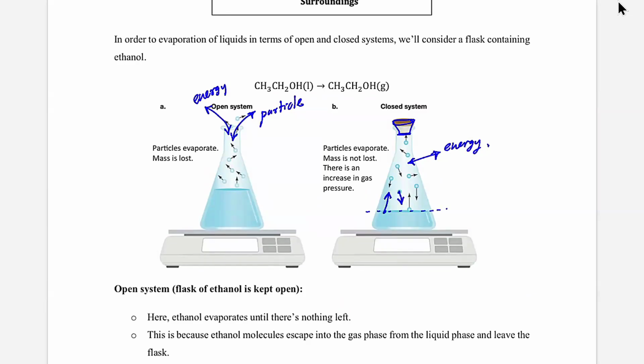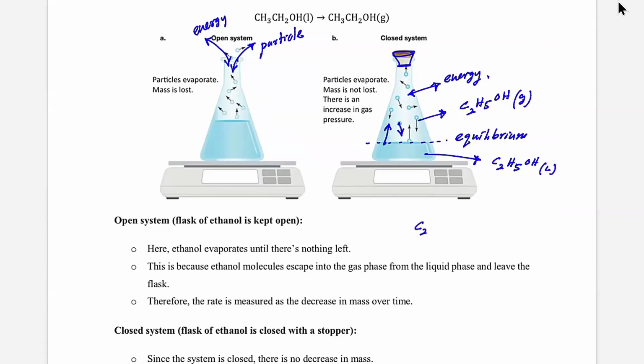What do you mean by equilibrium situation? Here you have ethanol, C2H5OH liquid, and here you have C2H5OH gas. Equilibrium means C2H5OH liquid goes to C2H5OH gas, and gas becomes liquid, liquid becomes gas.